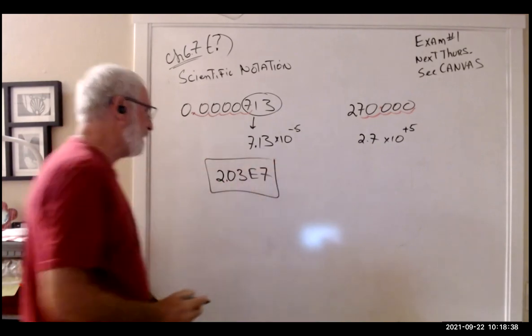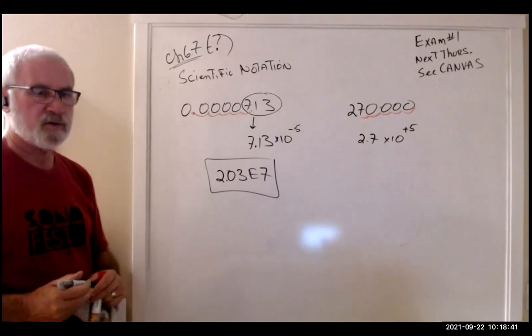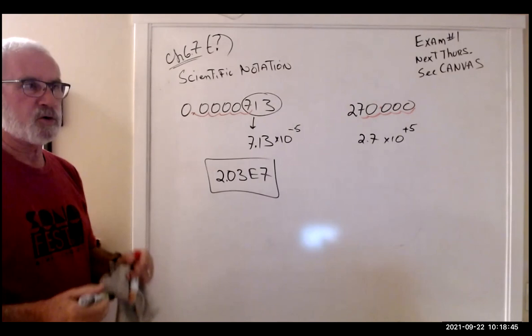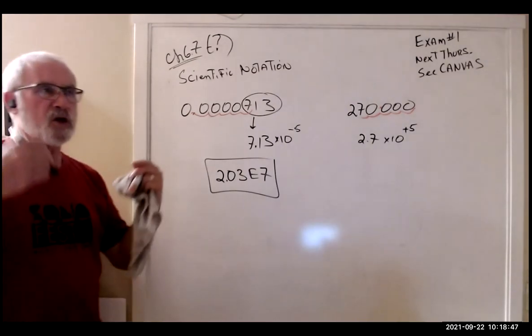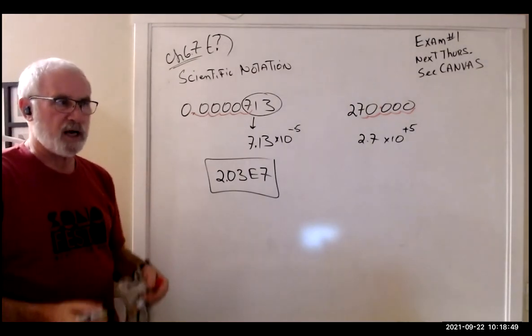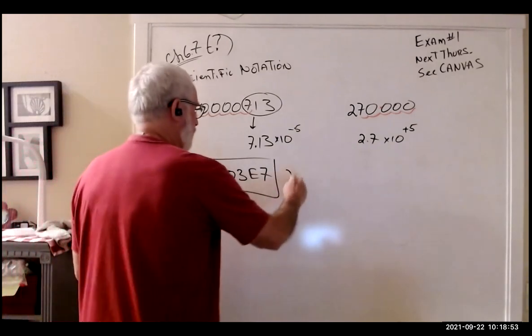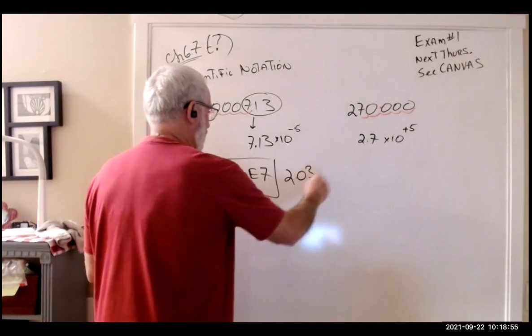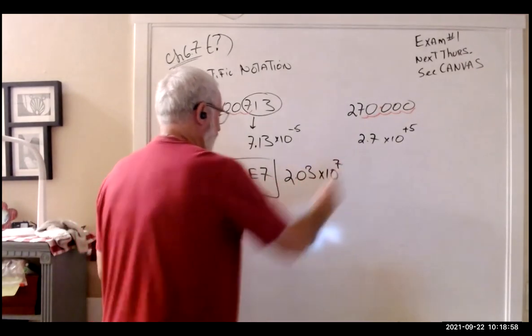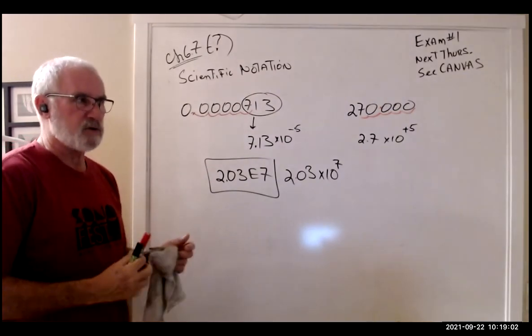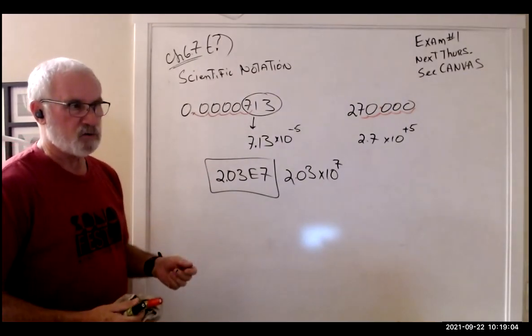Anything that looks something like that on your calculator? Well, that's your calculator trying to tell you this is bigger than my screen. I can't put that number up. So that's your calculator trying to tell you that's 2.03 times 10 to the 7. Your calculator is trying to give it to you in scientific notation.